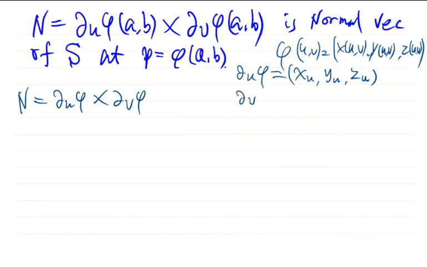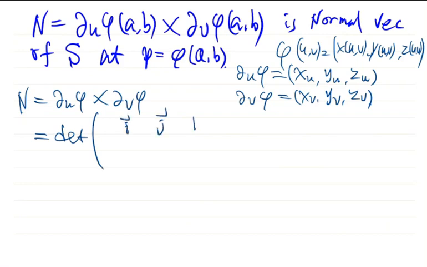Similarly, the partial derivative of the vector valued function φ with respect to v is x_v, y_v, and z_v. So for their cross product, we know that the cross product is the determinant of i, j, k, where i, j, k are the unit vectors on the x, y, z axes of the three-dimensional coordinate system. So this is x_u, y_u, z_u, x_v, y_v, z_v.